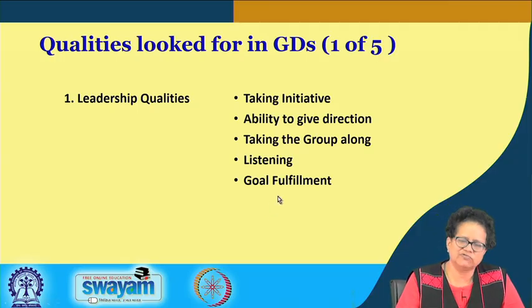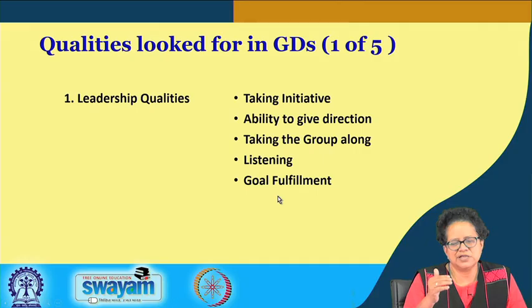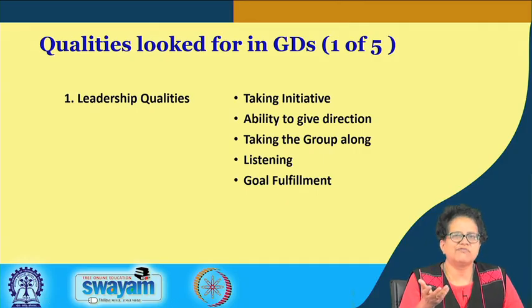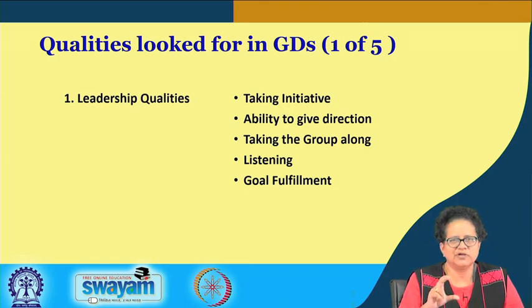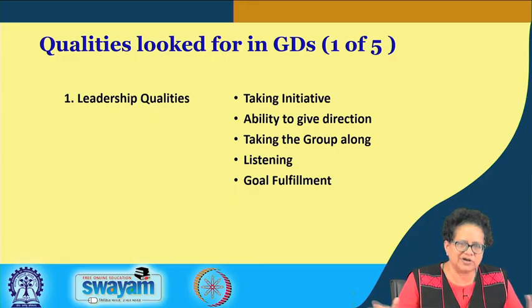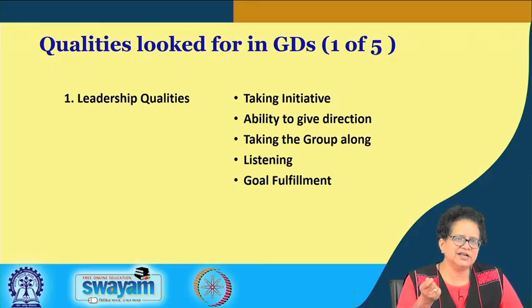And last is goal fulfillment. In the event of a case study kind of GD, at the end of the case study, there are 2-3 questions given, whose answers have to be provided by the group, and it should emerge from among the group. The leader is one who leads to the goal fulfillment.